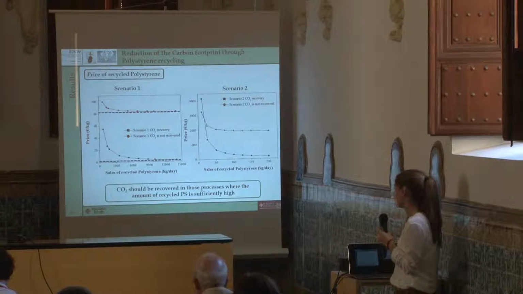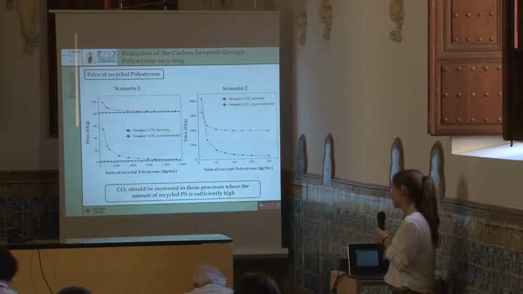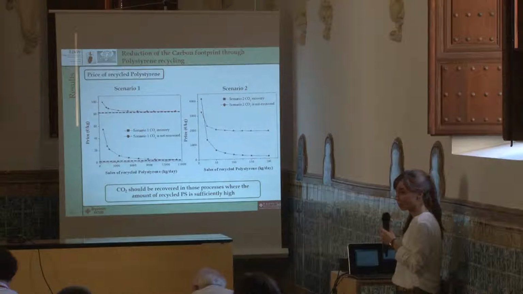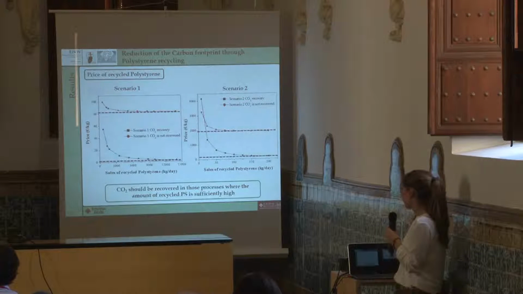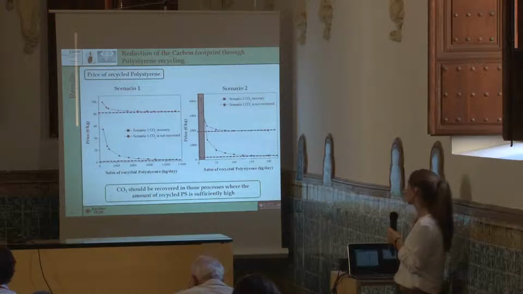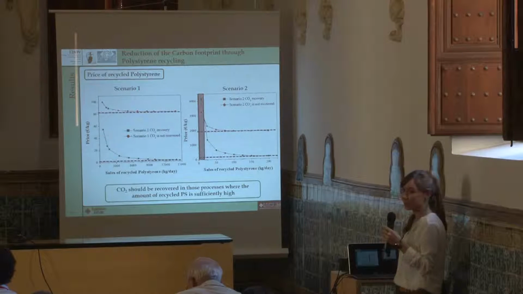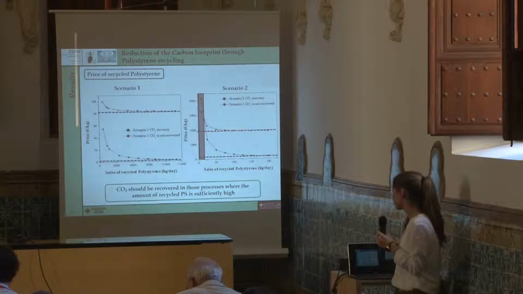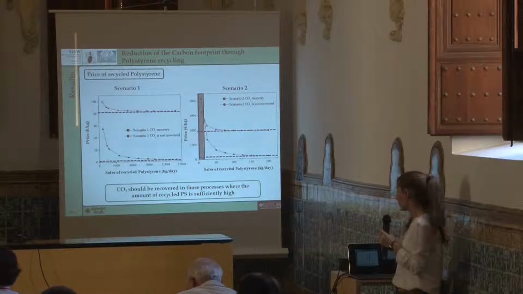This effect is not so easily observed in scenario number 2, where prices are much higher than in scenario number 1. But at this point, I would like to highlight that there is a point in the graph where the CO2 recovery is not beneficial from an economical point of view in those cases where the amount of polystyrene waste is too low.